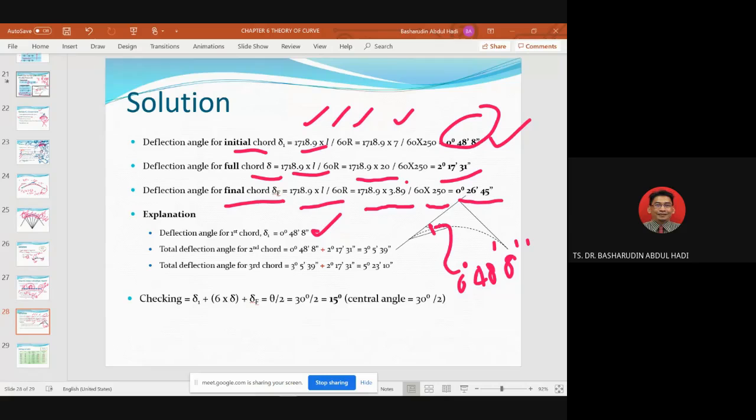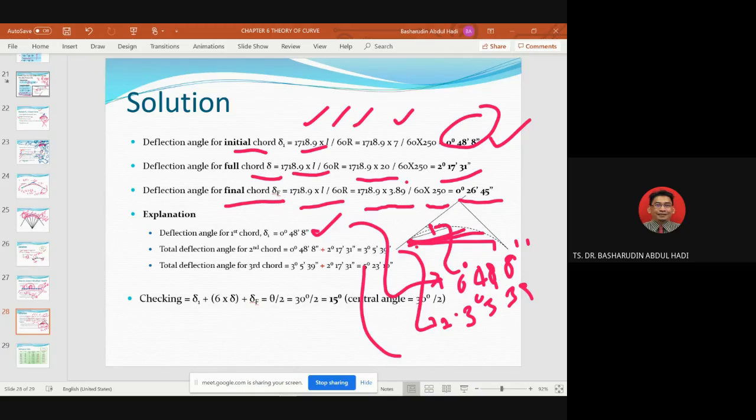Deflection angle number 2, from here to this point, is 3 degree 5 minute 39 second here. Number 2, this one number 1. And lastly, number 3, they calculate, so they get 5 degree 23 minute 10 second. Alright, so checking.